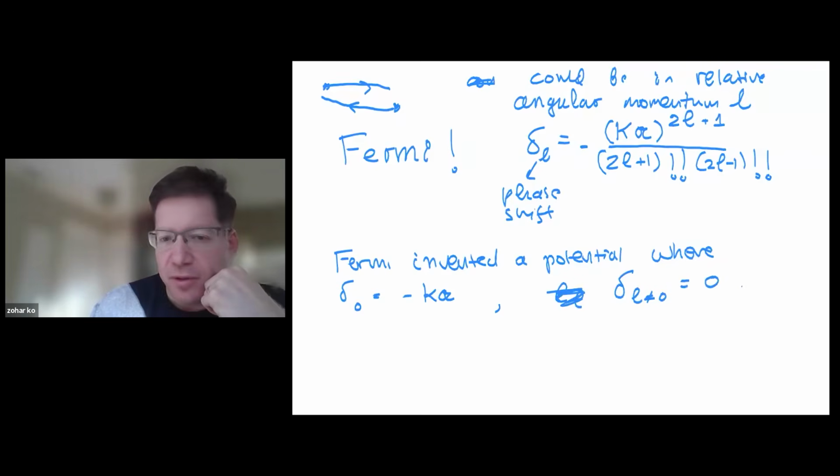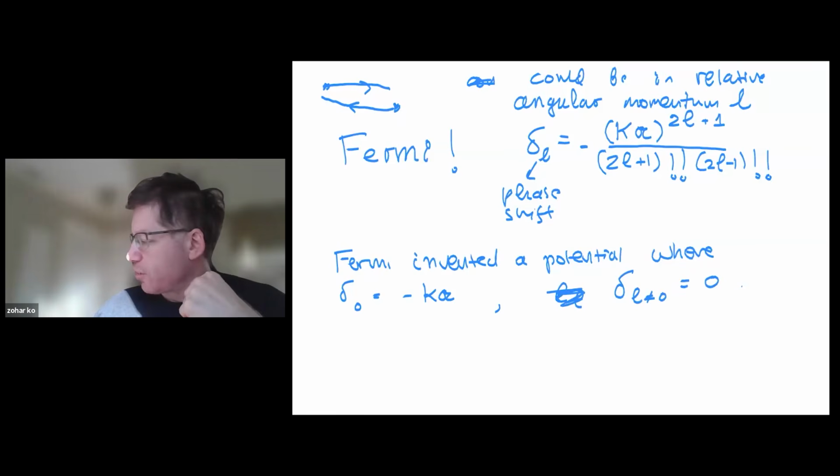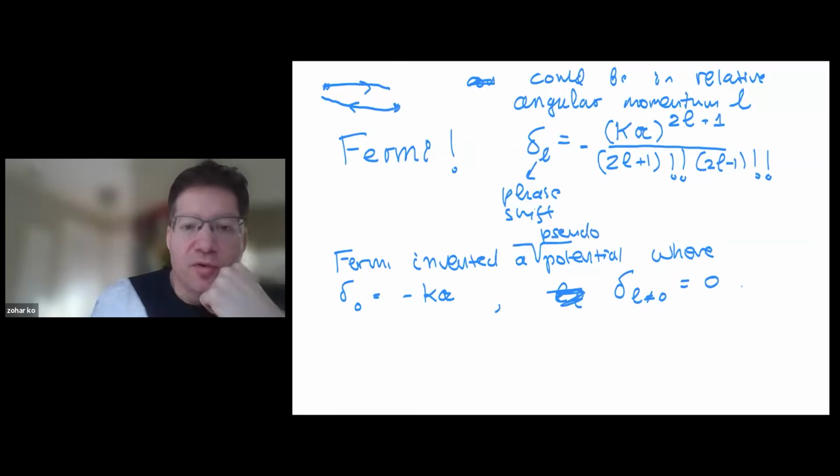In AMO physics and in nuclear physics, people don't call it a potential, they call it a pseudo-potential. The reason is that one cannot really write a formula for this potential. You have to take a scaling limit of a sequence of potentials with some conditions, and you get something like a pseudo-potential. It's a distribution more than an actual potential.